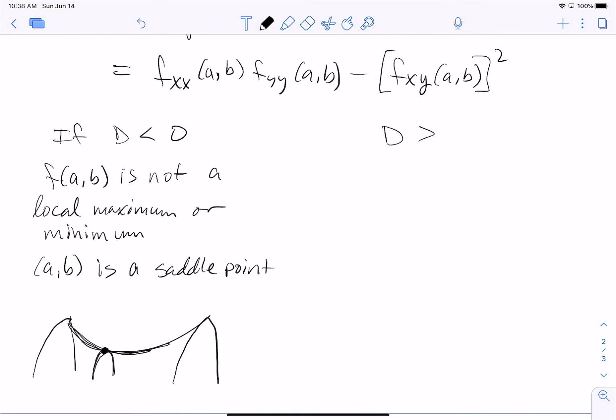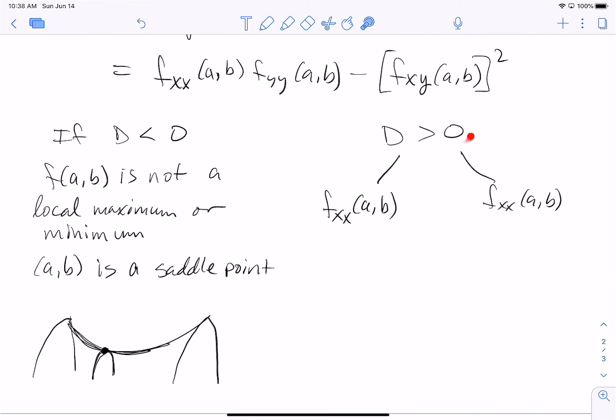D could be positive. If it is, then we have to backtrack a little bit and find out the value of fxx at AB. And we actually don't need the value. We need to know if it's positive or negative.